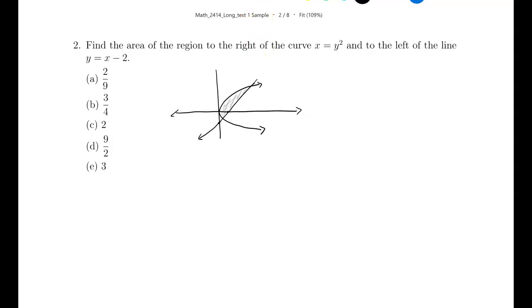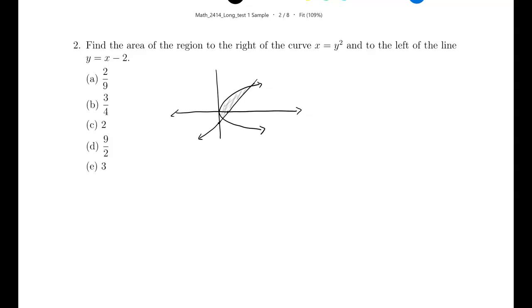Then to find area, you always have 2 choices. You could use either a vertical strip or a horizontal strip. In this case, I would use a horizontal strip because I already showed you in the first example how to use a vertical strip. So for the purpose of review or illustration, I'll use the horizontal strip.